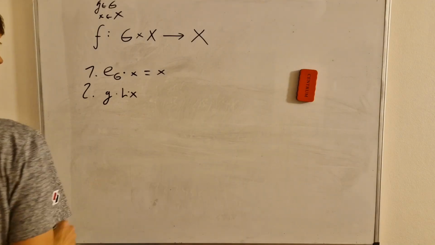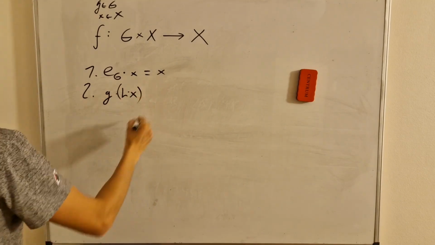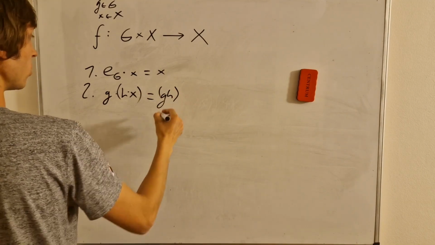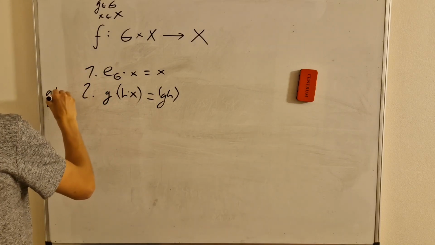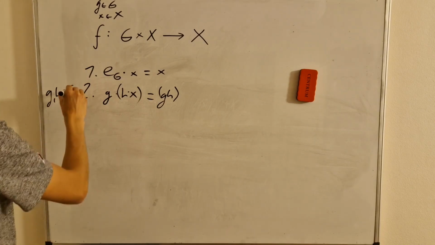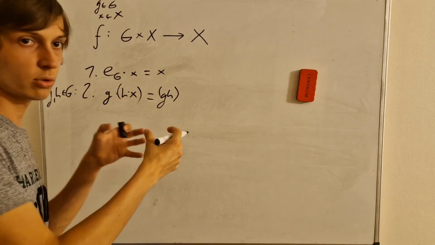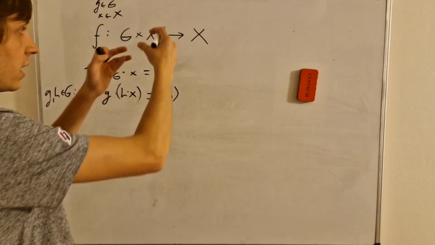When H acts on x, like this, is the same as if GH together, and this is for G and H both belonging to the group G. The second axiom, we have an element of G that can act on any element of the set X.